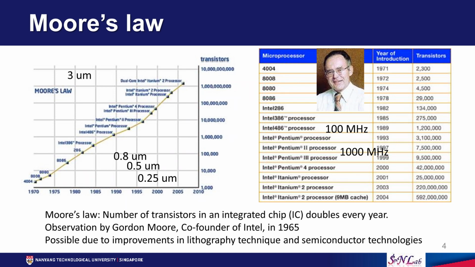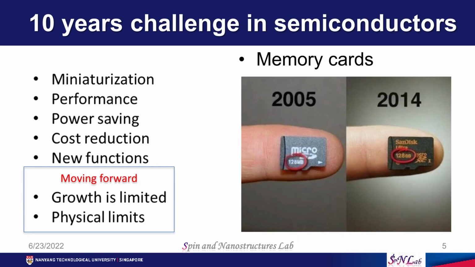And normally on social media, people show a 10 years challenge. So they will show their old photo and new photo and say how much they have changed. So in one of my tweets, I showed a 10 years challenge in semiconductors. For example, if you look at a micro SD card of 2005, at that time, the micro SD card had a storage capacity of 128 megabytes.